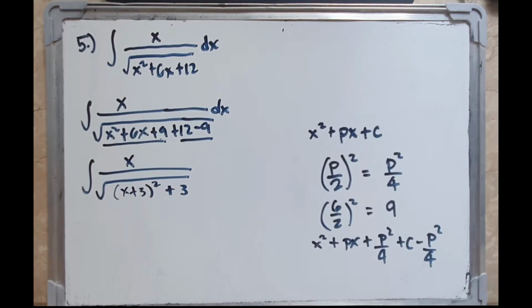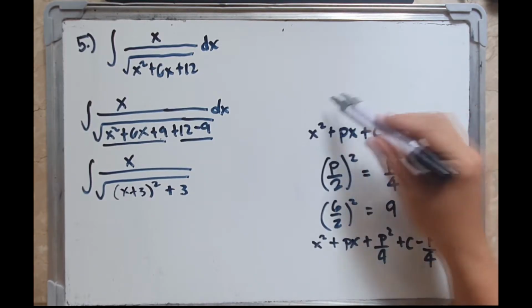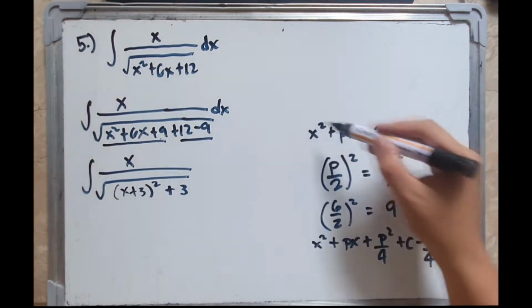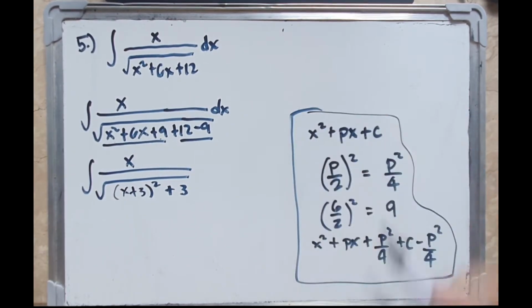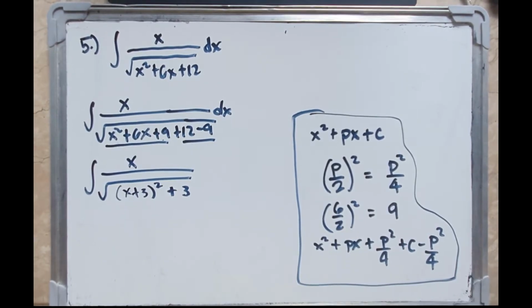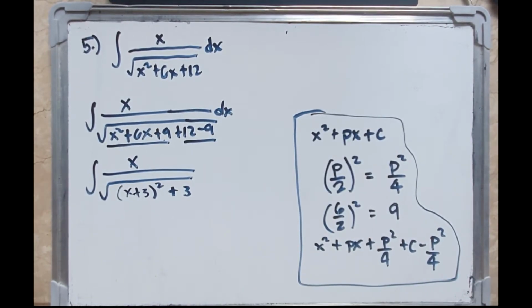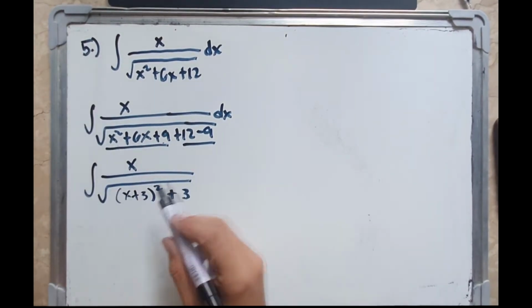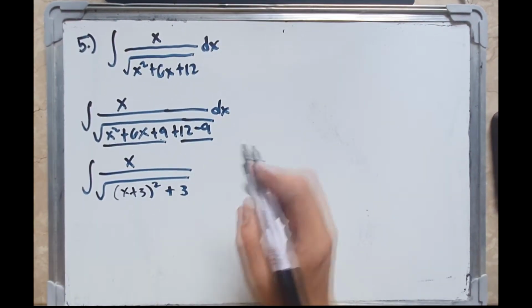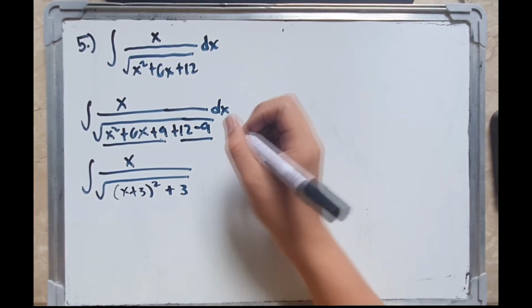Okay, so please remember our completing the square method. This is what we call completing the square. Okay, let's erase this one. So now we can assign the value for our a squared and u squared.